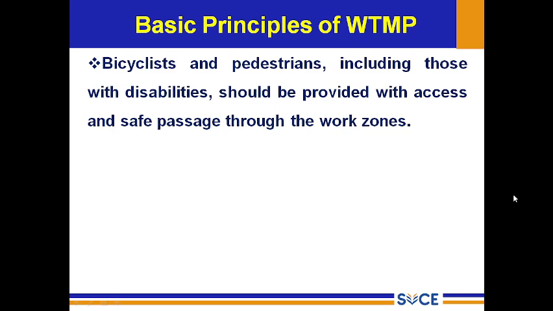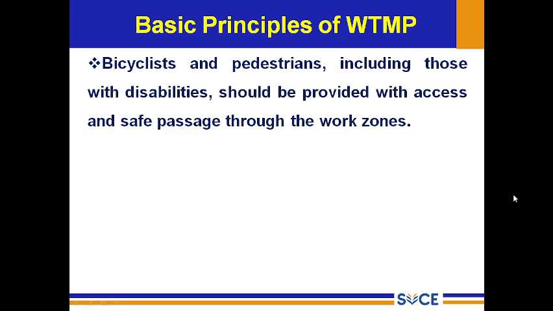Bicyclists and pedestrians, including those with disabilities, should be provided with access and safe passage through the work zone. So, generally, in a normal traffic condition, the vulnerable road users should be segregated well away from the motorized modes. So in work zones also that should be maintained. There should not be any mix.